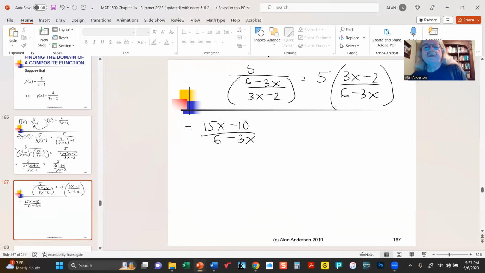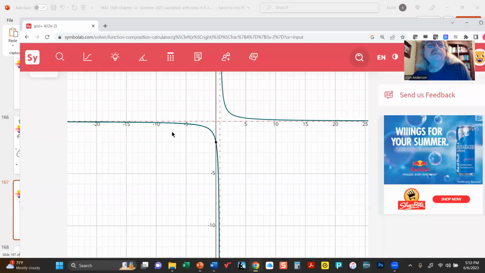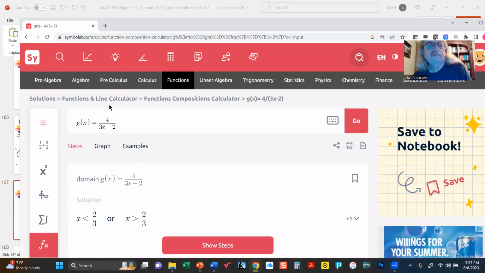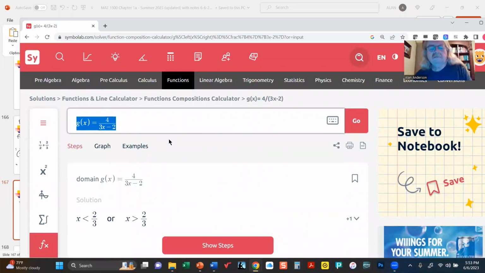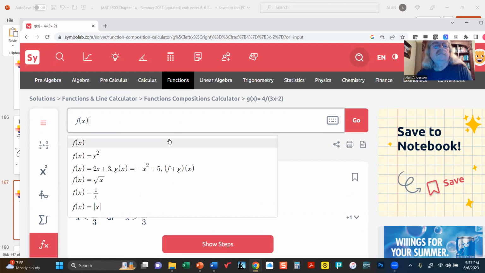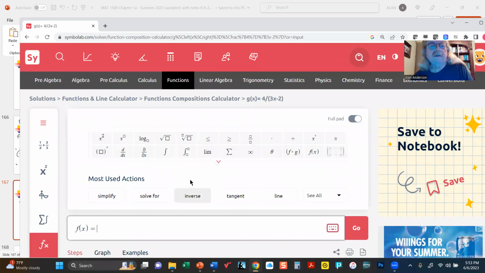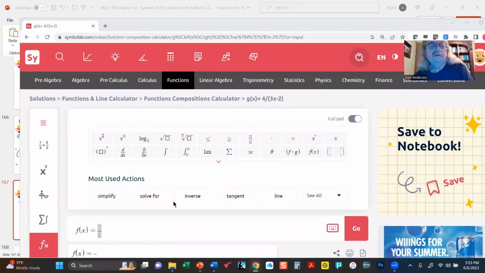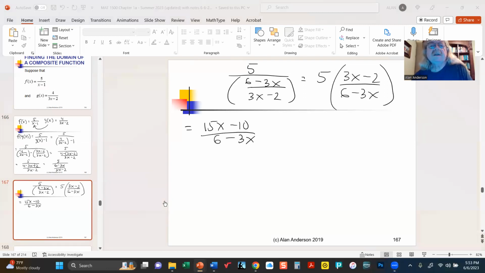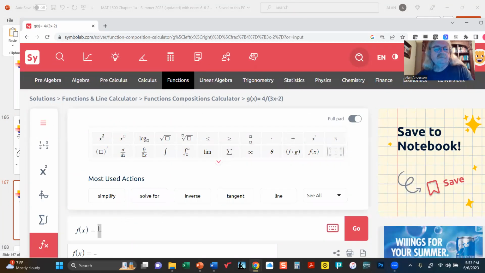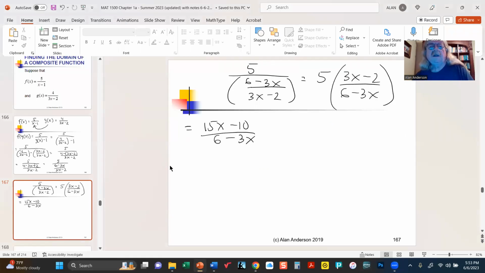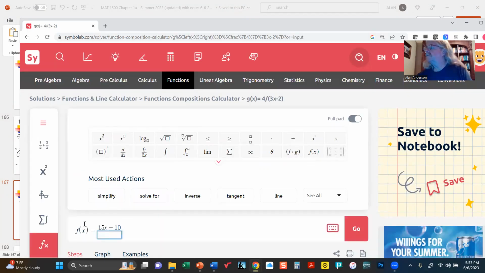So let's go to Symbolab and graph this. Okay, so we have 15x minus 10 over 6 minus 3x.